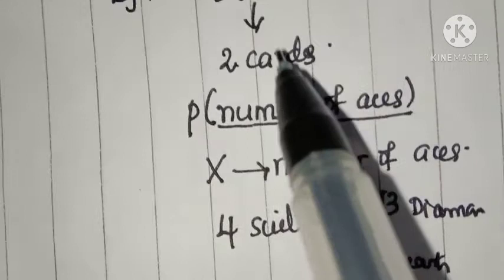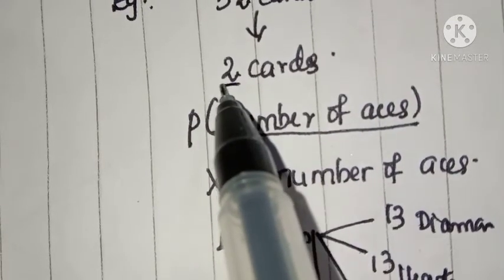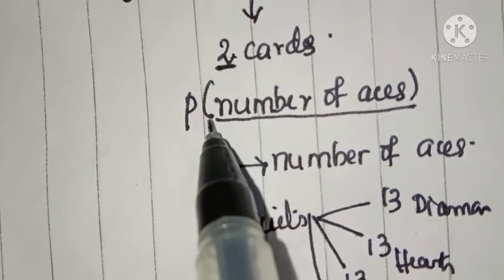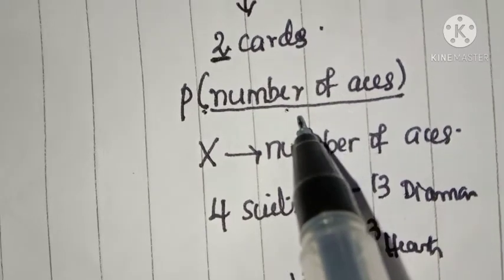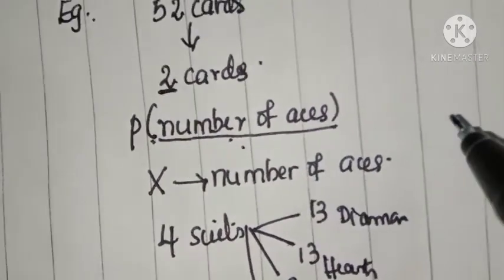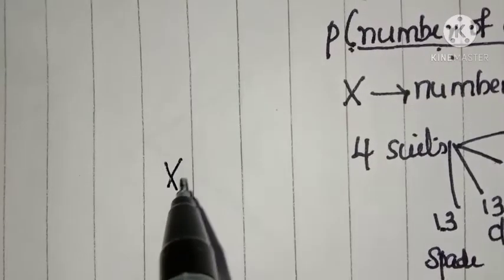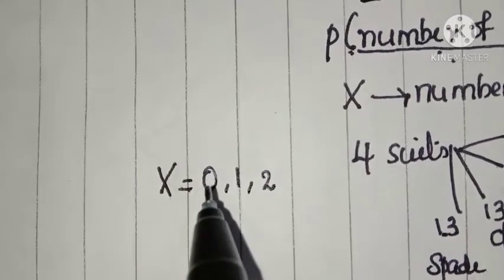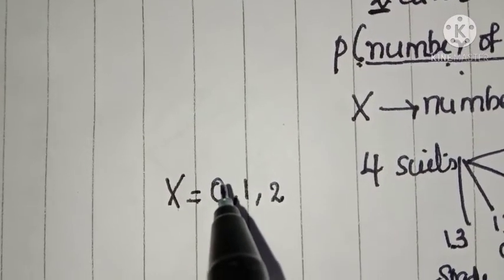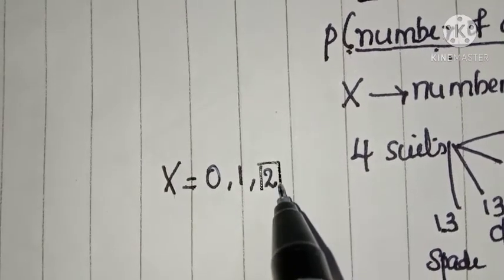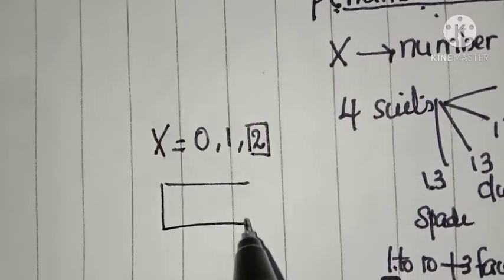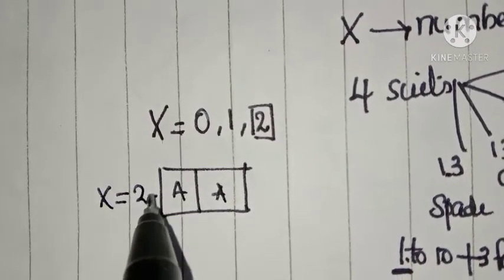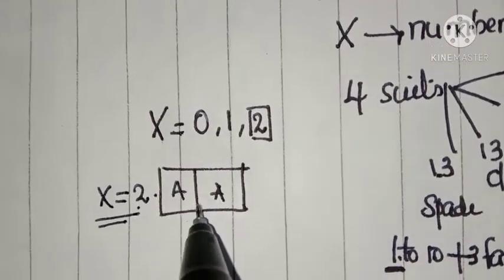So from 52 cards we need to select 2 cards. We define the random variable X as the number of ace cards obtained in the 2 draws. The value of X is 0, 1, 2. If we select both cards as ace cards, then X equals 2.